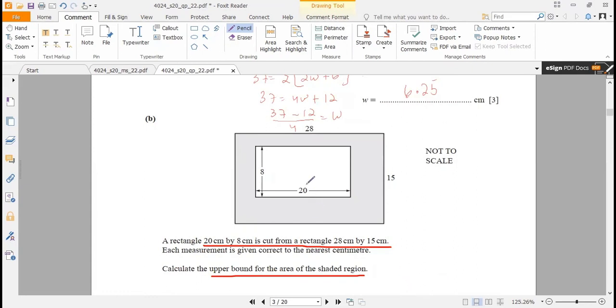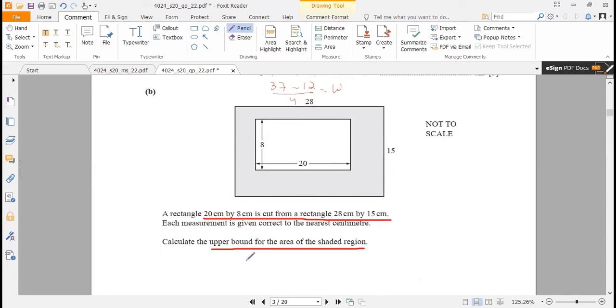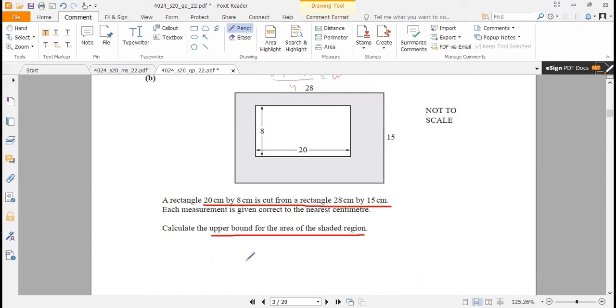Obviously, we have to find first the area of the bigger rectangle, then the smaller rectangle, and then subtract. But we have to calculate the upper bound area, which means we need a maximum area, to the nearest centimeter.